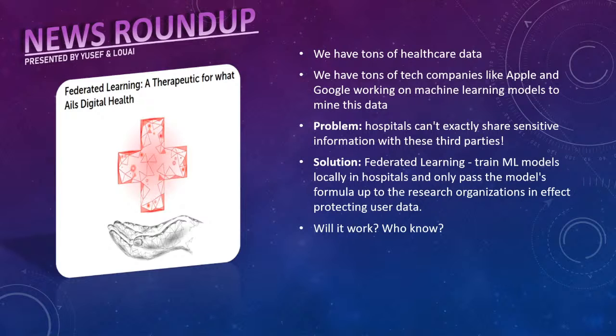Now, on the other side of that, we have a ton of tech companies like Apple and Google, and some that specialize specifically in health, that are always working on machine learning models to mine data like this. But here's the fundamental problem. If you're a hospital, you can't exactly share that sensitive information with these third parties.